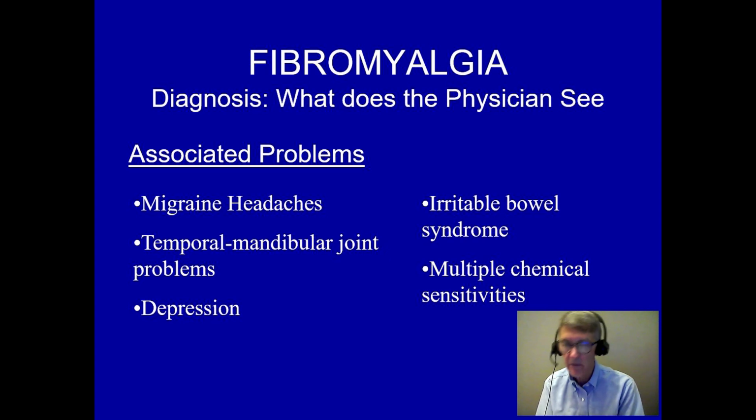There can be a lot of other associated problems with fibromyalgia, including migraine headaches, temporomandibular joint problems, depression, irritable bowel syndrome, multiple chemical sensitivity. And several years ago, there was a discussion that fibromyalgia may represent what we call a hypervigilant syndrome.